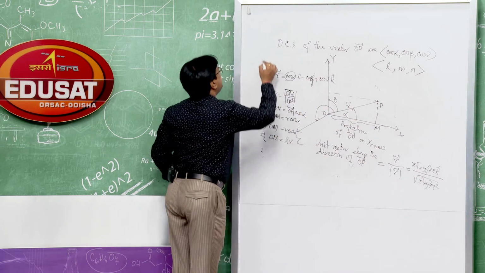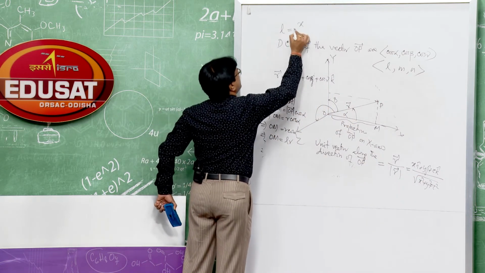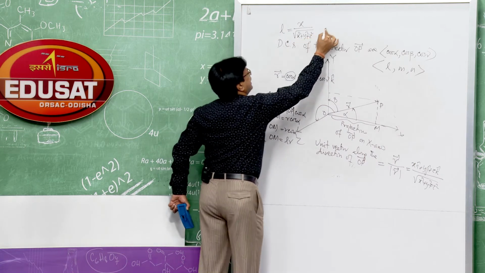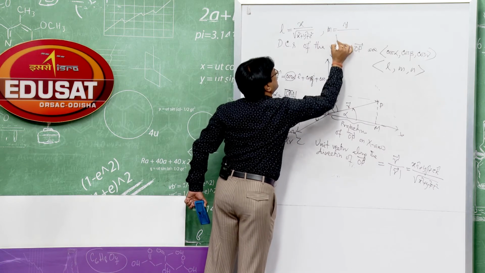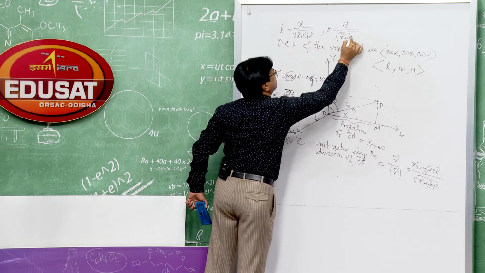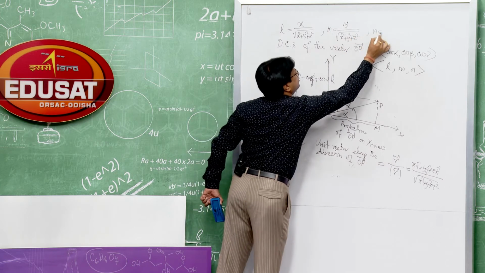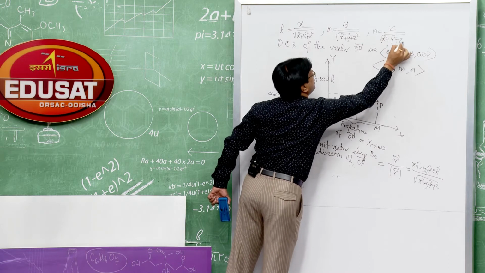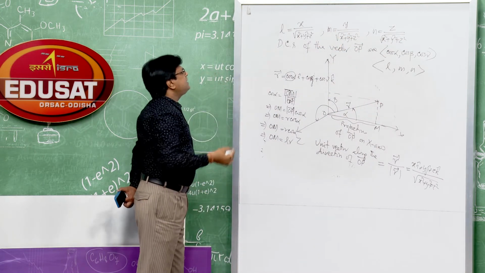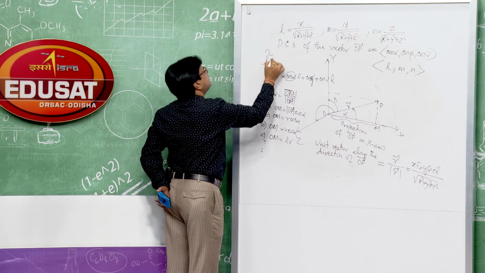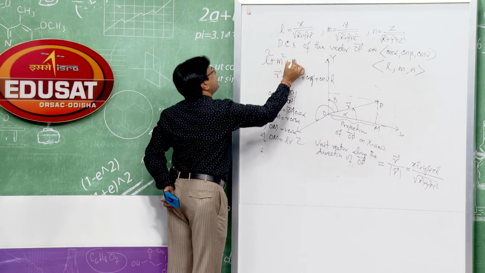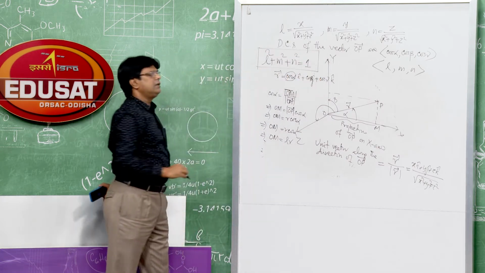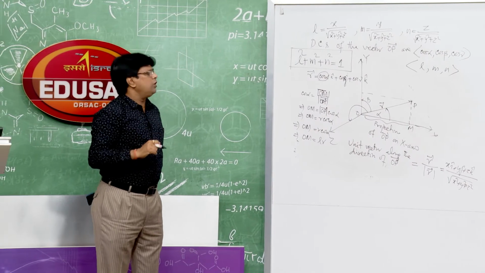From this, l is equal to x by root over of x square plus y square plus z square. m is equal to y by root over of x square plus y square plus z square. n is equal to z by root over of x square plus y square plus z square. So, from this result we have l square plus m square plus n square is equal to 1. The sum of the squares of the direction cosines of that vector is always equal to 1.